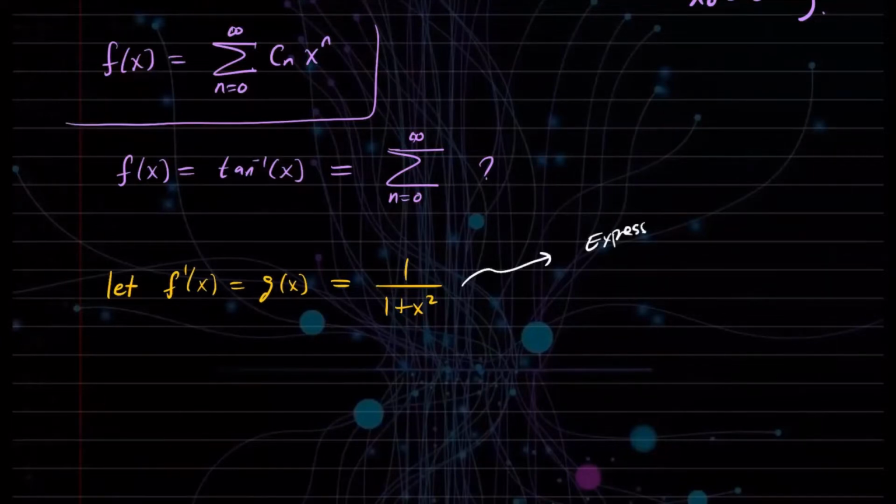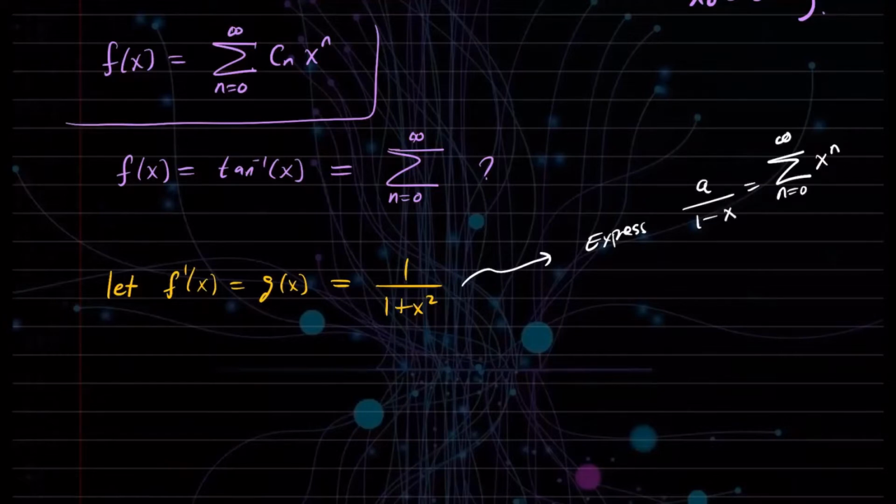So express it as some a over 1 minus r, because that's the form that a geometric series converges to. If you can write it in that form, this can be written as the sum from n equals 0 to infinity of x to the n, and we know this converges. Instead of r, of course, I'm going to replace it with x.